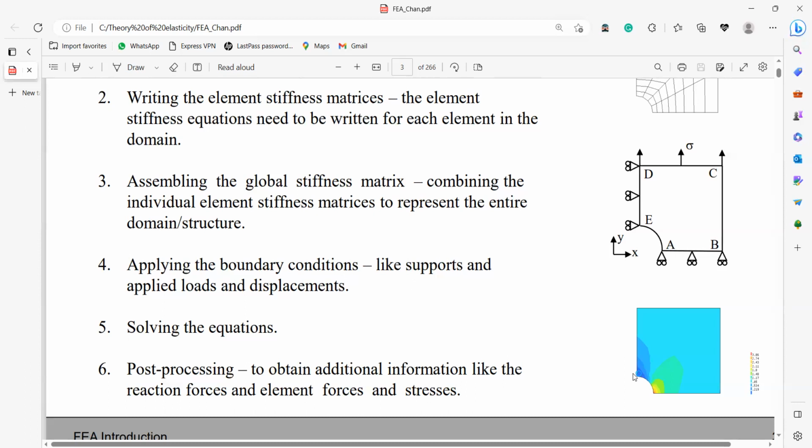So post-processing of results, let's see. You're pulling at one end and you're applying quarter symmetry. So in order to apply quarter symmetry, we fix on both sides.